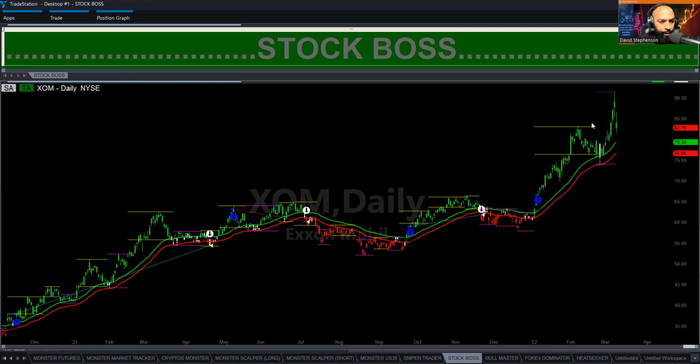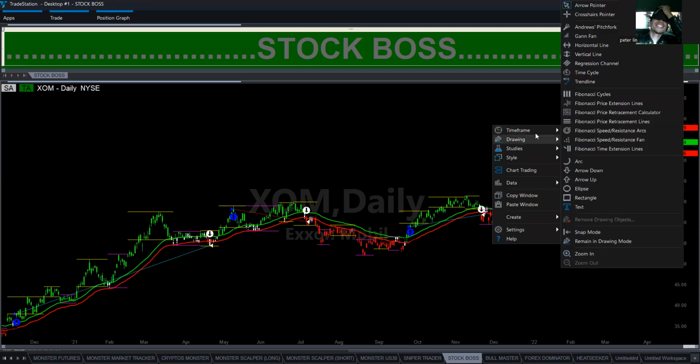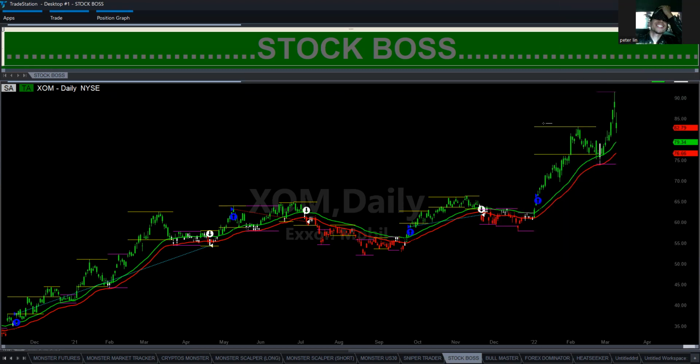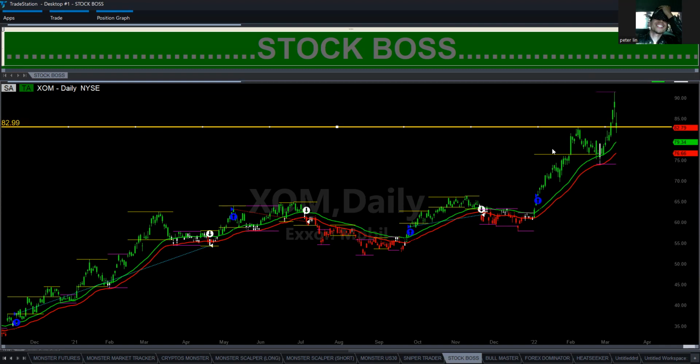So the concern here is this purple support and resistance. Yeah. But the yellow, if the previous resistance holds as a support, I could stay in. Yeah, right there. If it holds.